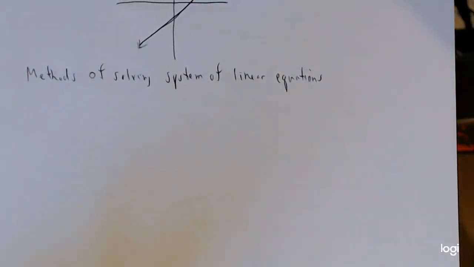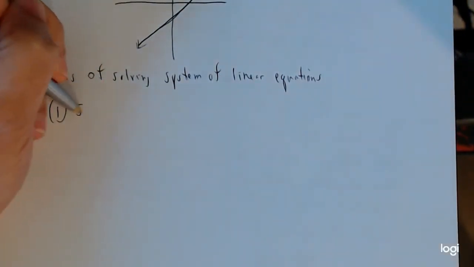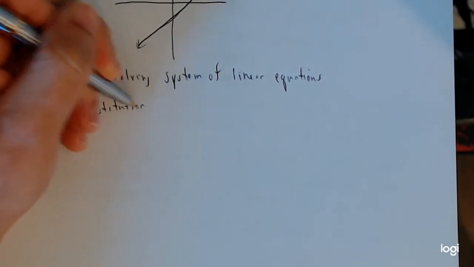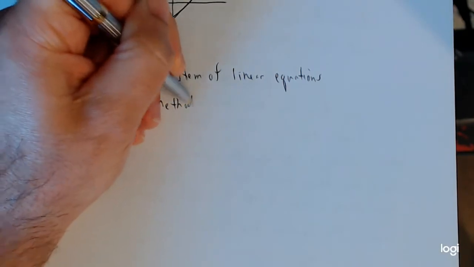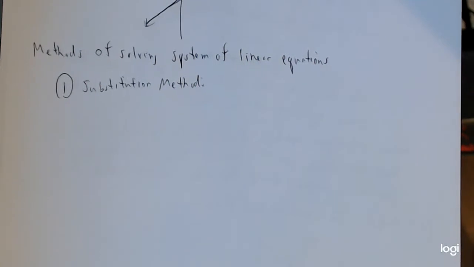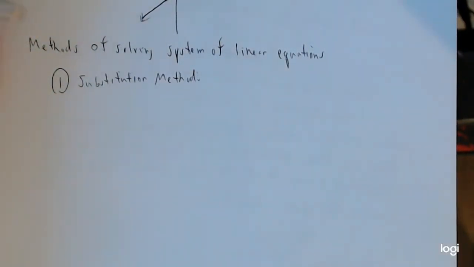The first method is known as, and I'm sure you've probably heard this before as well, the substitution method, which the name pretty much should give away what we're doing, right? We're literally substituting to obtain the solution. So here are the steps that we're going to follow.